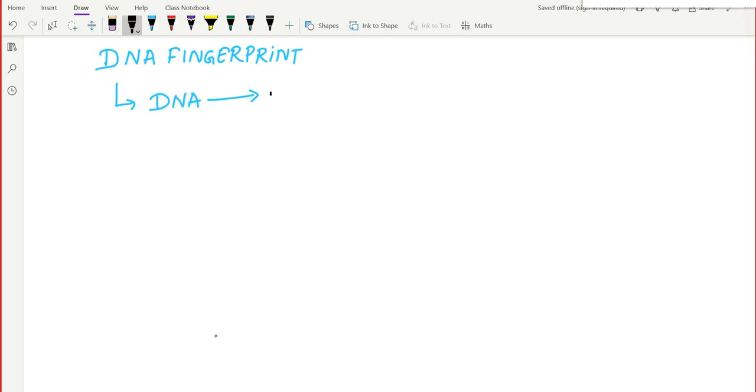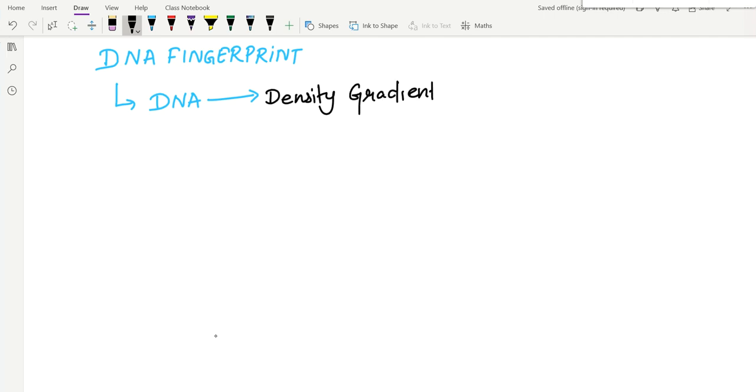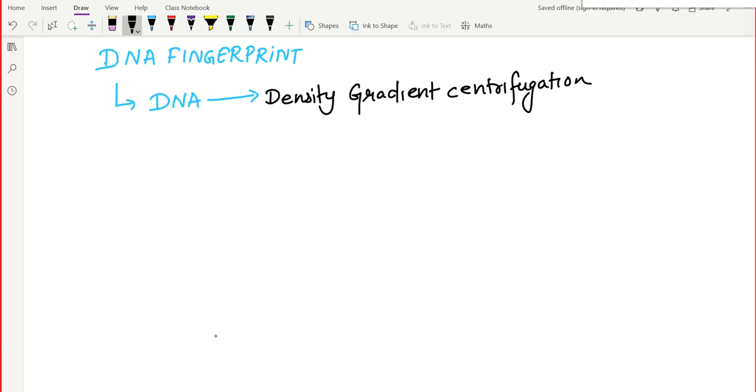When DNA is subjected to a particular process called density gradient centrifugation, we get two different types of peaks. One is a large peak and we get a small peak.